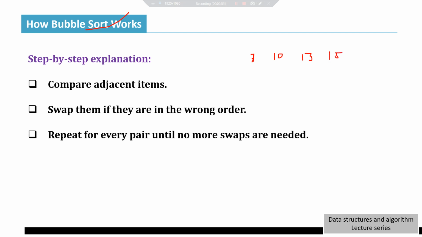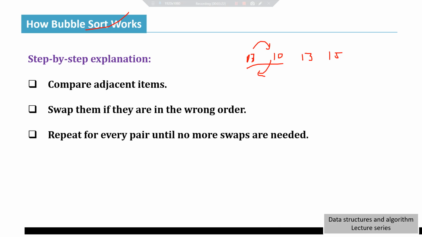So the first step is to compare adjacent items. Suppose 7 and 10 are compared. If the first one is greater than the second, then swap. Now this is arranged in correct order, so there is no need to swap. If it is 17, for example, then this will be swapped.